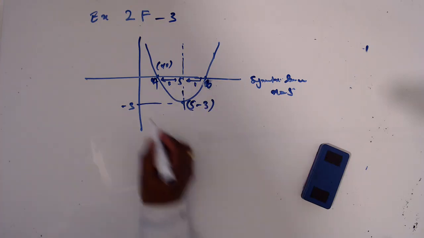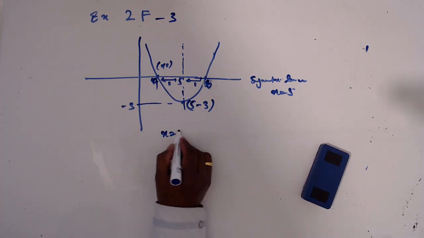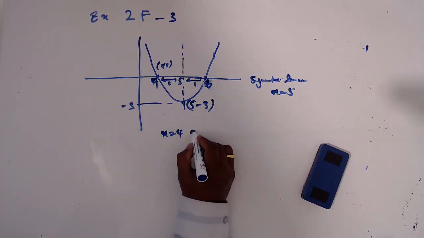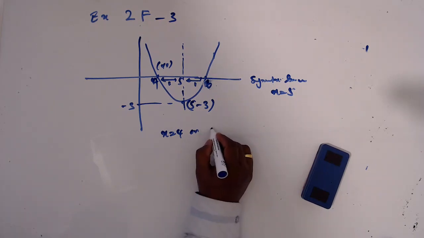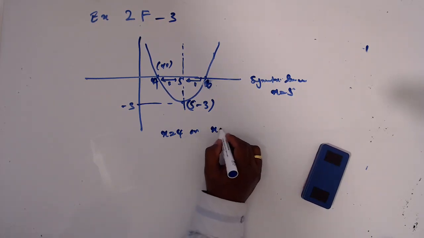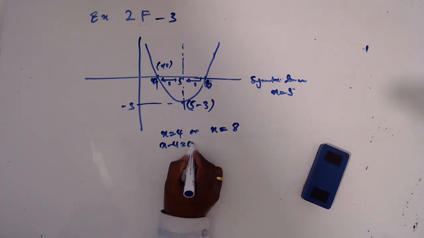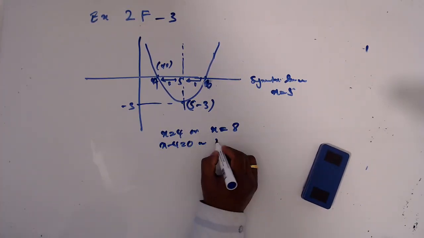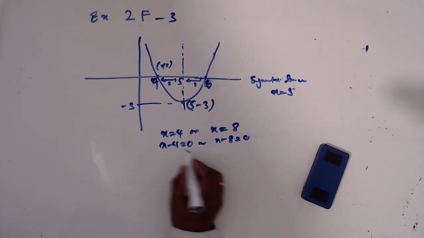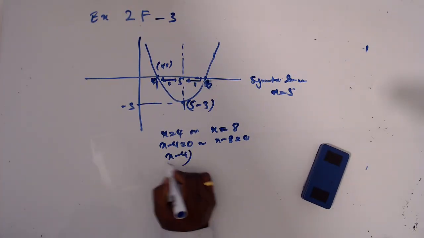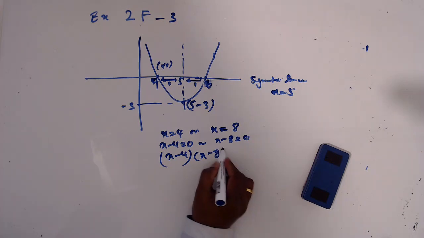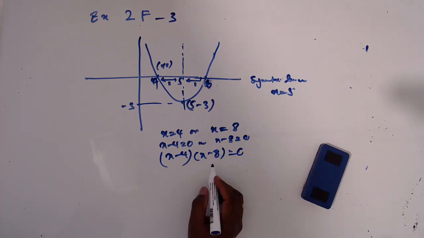So then this graph has roots x equal 4, or x equal 6. So x minus 4 equals 0, or x minus 6 equals 0. So x minus 4 times x minus 6 equal 0.